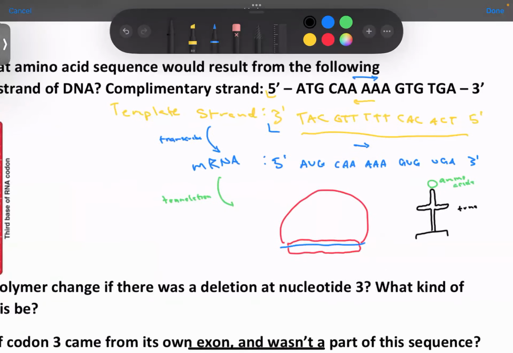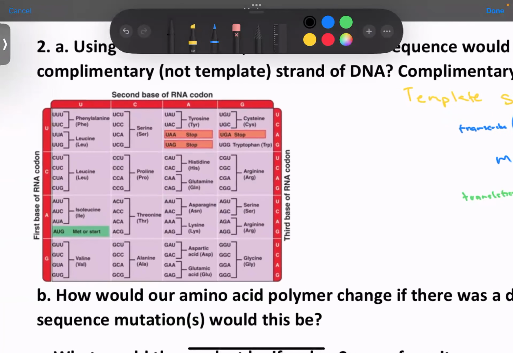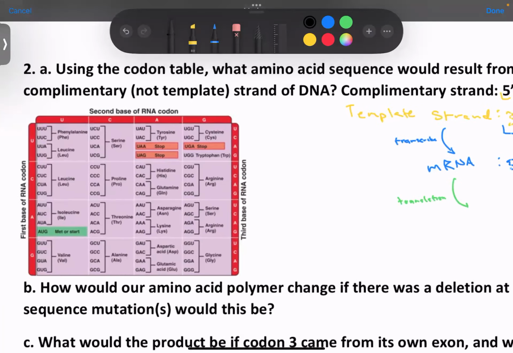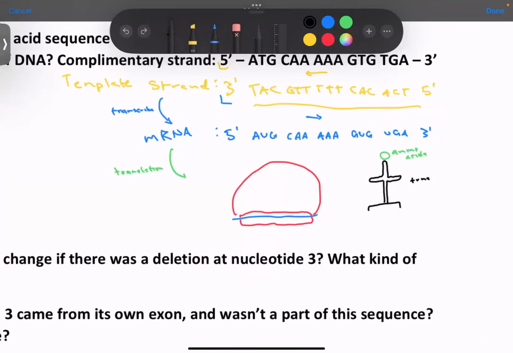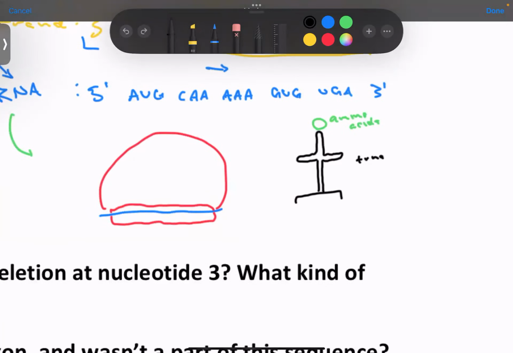And thankfully, you don't have to memorize them all, but there's a fancy little table that we can use to help translate the sequences into amino acid sequences that constitute polypeptides that we call proteins. So the important thing is that tRNAs have sequences that we call anticodons.